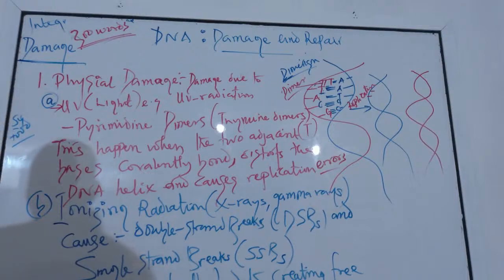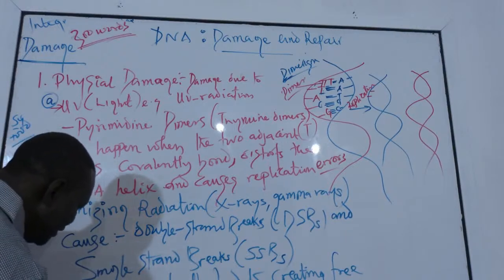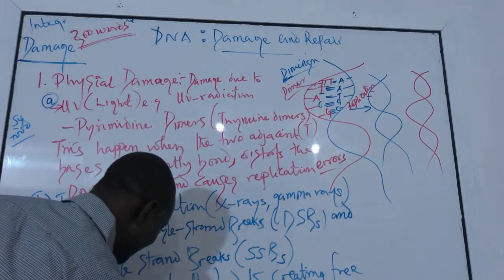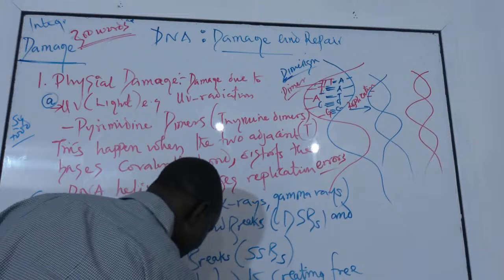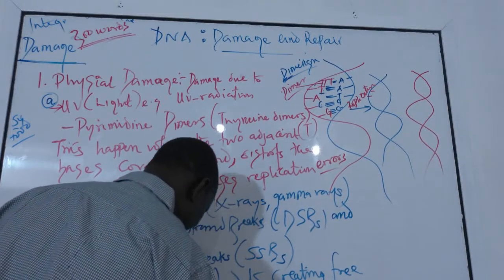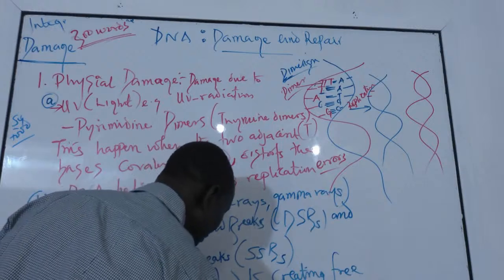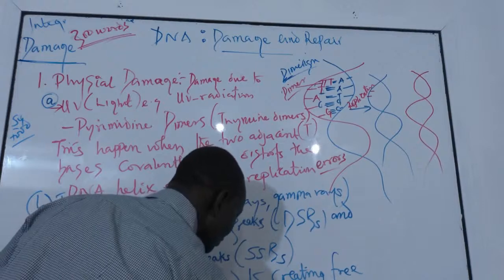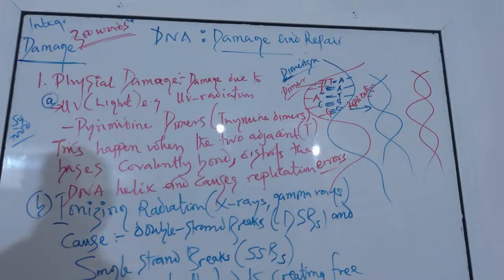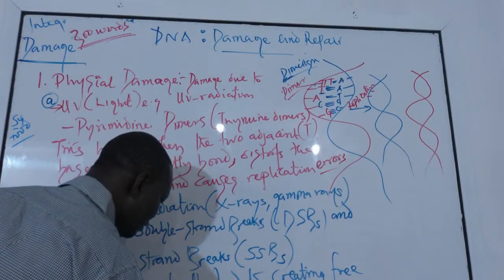So this hydroxyl ion will normally interact with DNA, and when they interact with DNA, they will form what is called 8-oxoG. They will react with guanine. They always interact with guanine, G, in the DNA.